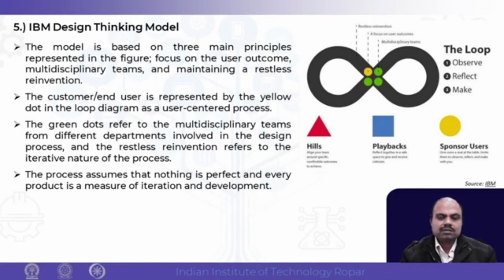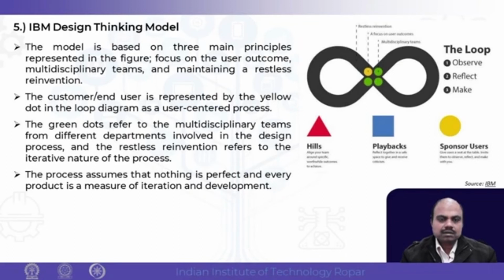The model is based on three main principles represented in the figure: focus on the user outcome, a multidisciplinary team, and maintaining a restless reinvention. The customer or end user is represented by the yellow dot in the loop diagram as a user-centric process.